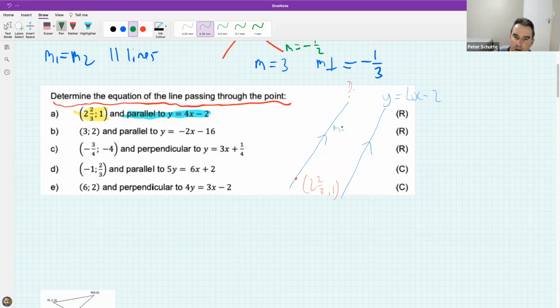I know that the gradient of this one must be 4. Now, one of the things that's a little bit tricky is this mixed number. I would probably convert that mixed number into its improper form.